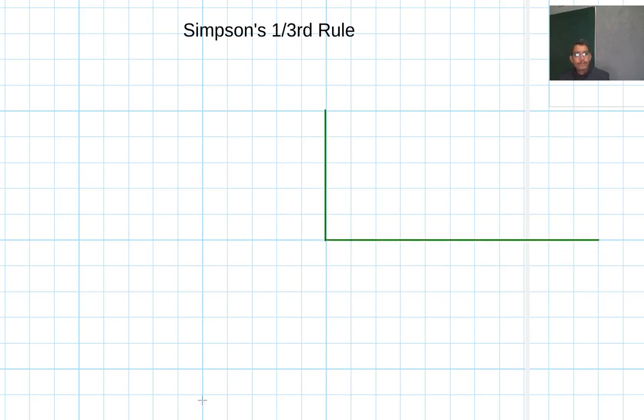That's what we have to keep in mind, and the curve is like this, and say this is the point x0, say this is the point x2, and this is the midpoint, x1. It is the midpoint of x0 and x2, that is (x0 + x2) divided by 2, right?